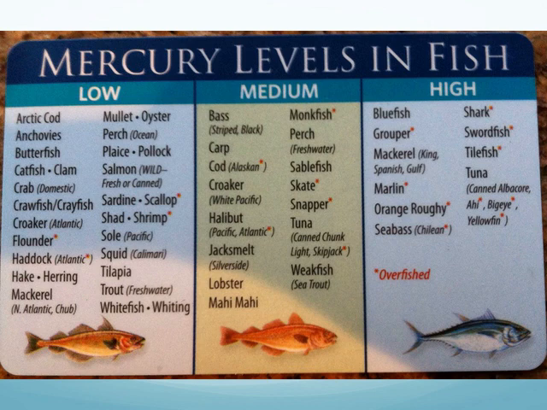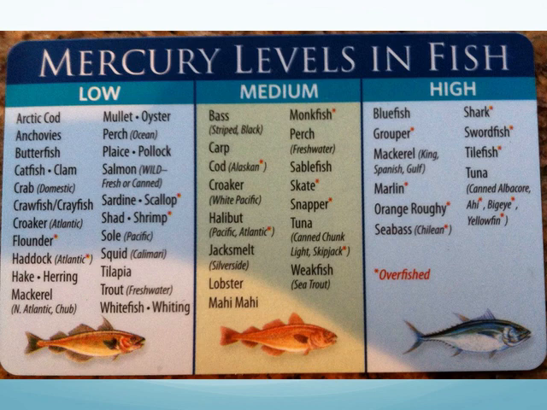But do keep in mind, fish do have what's known as selenium. All organisms have selenium within them, but fish, unlike marine mammals, have a higher concentration of selenium, and selenium has been shown to counteract mercury. So while these fish, like the grouper and the marlin and the shark, are in the high category, they do have high levels of selenium, which counteracts the mercury.